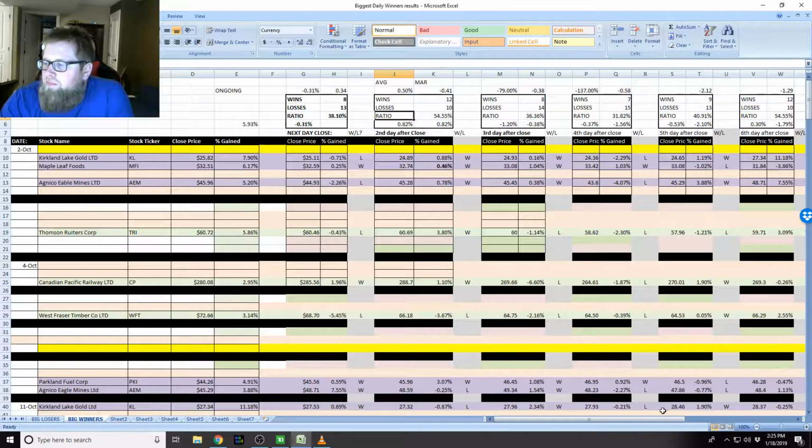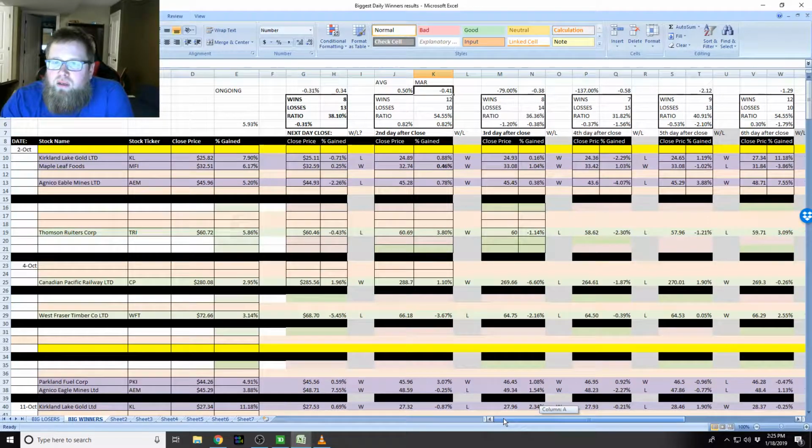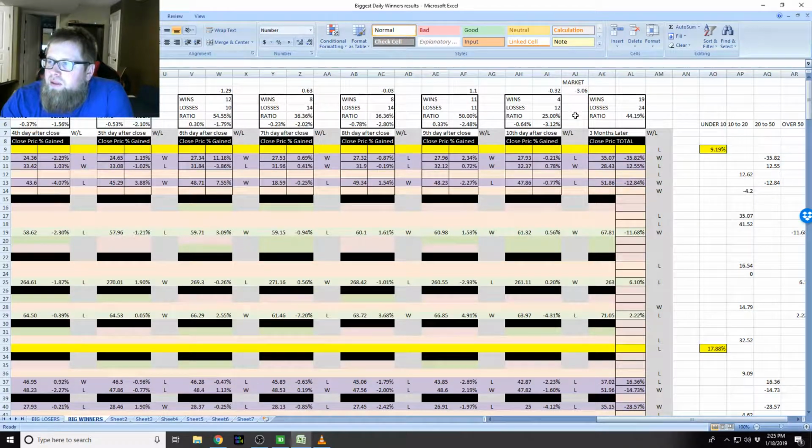But the problem is, I put along here the actual stock market result each day, and right here you can see it was in the midst of a fairly significant correction right around early October.